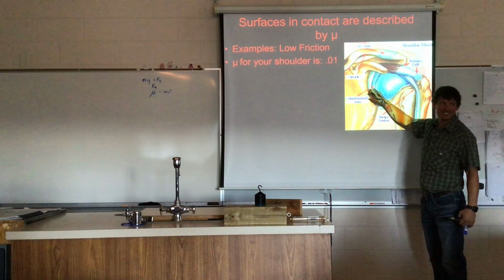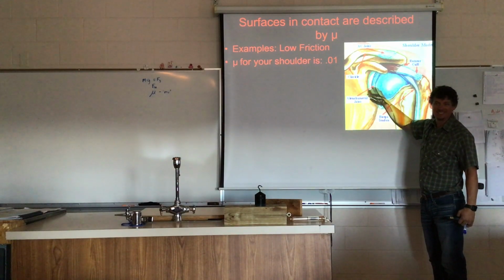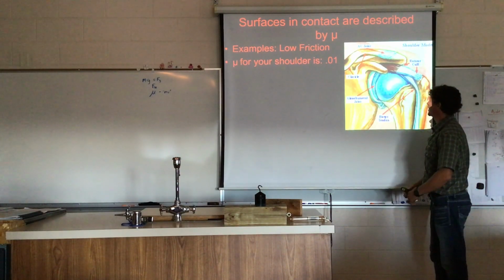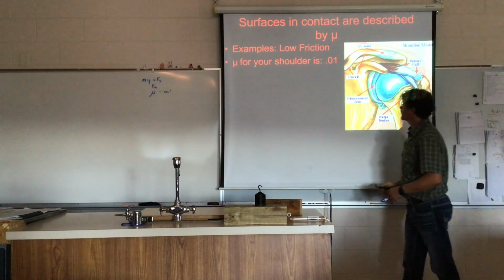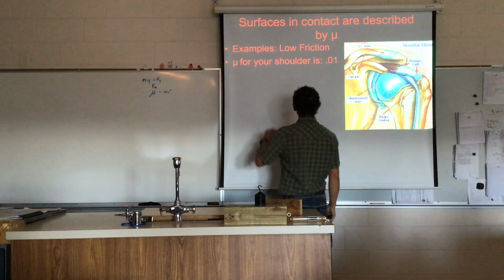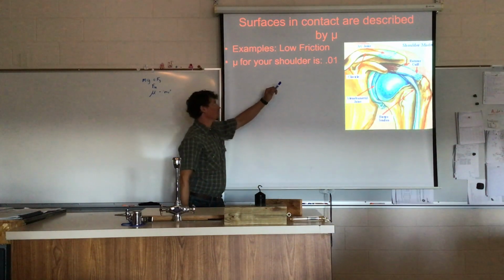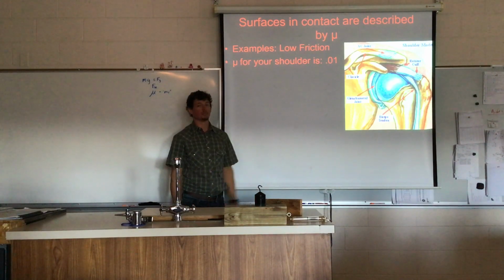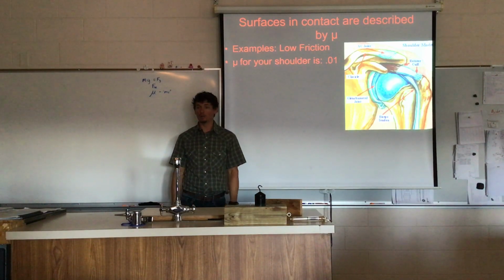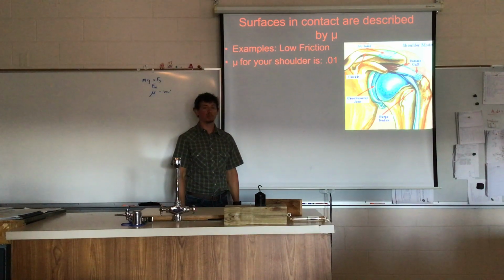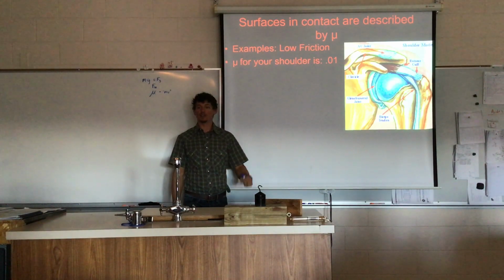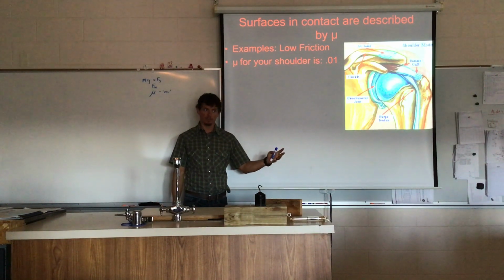Yeah, like cartilage and fluids and biology. Gotta go ask Mr. Hoisington about that. We don't want a lot of friction in our joints. So the mu value for your shoulder is about 0.01. I would write down a couple of these examples so that you know the range of mu values.